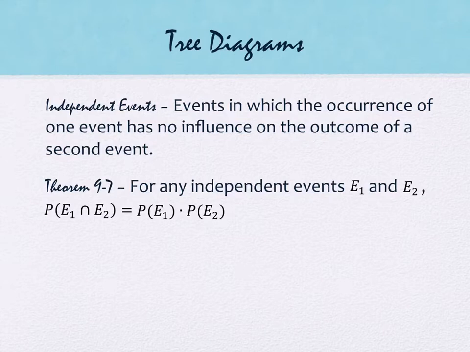My example where I was flipping the coin with the heads and the tails, those are independent events. Every time I flip, the probability resets. We actually talked about that last time as well. The probability resets, and I have a 50-50 chance. It doesn't matter what I got last time I flipped the coin. This time, I have the same 50-50 chance again. And when I have independent events, the probability of them both happening is simply the product of them happening.